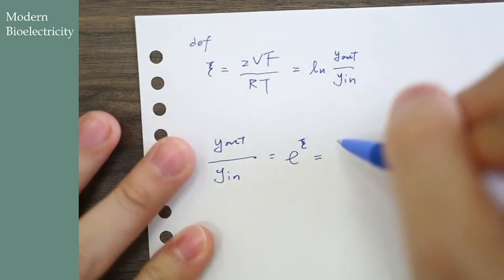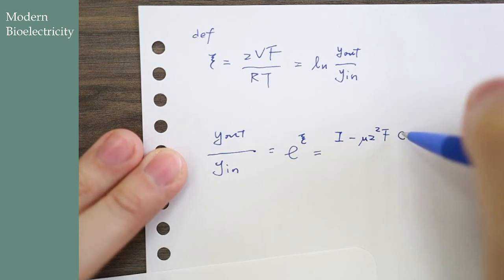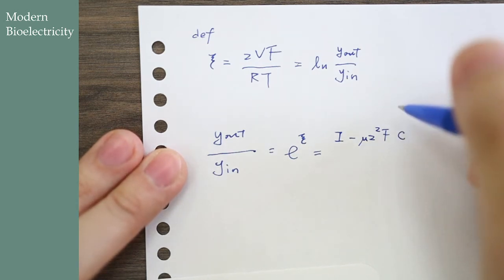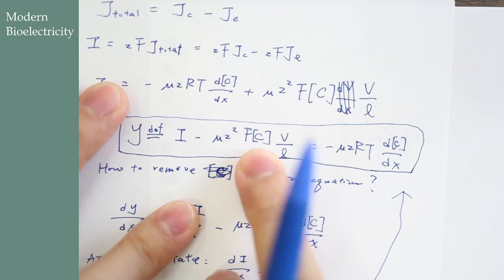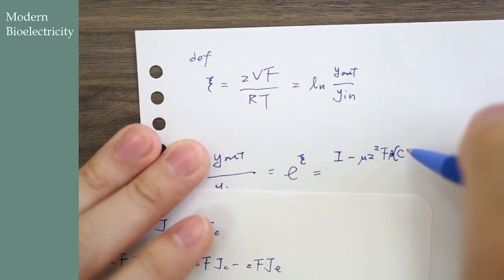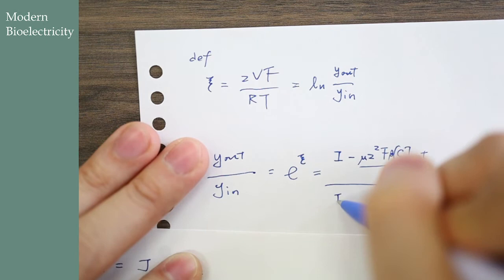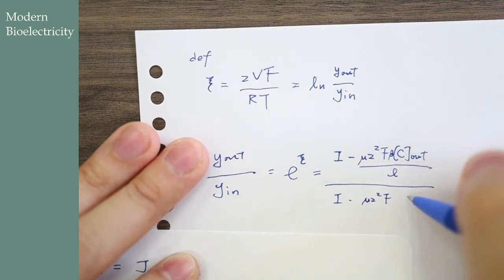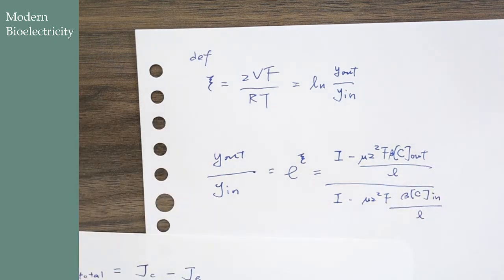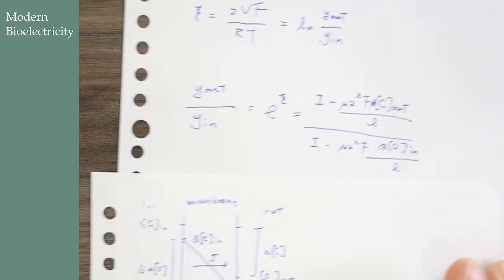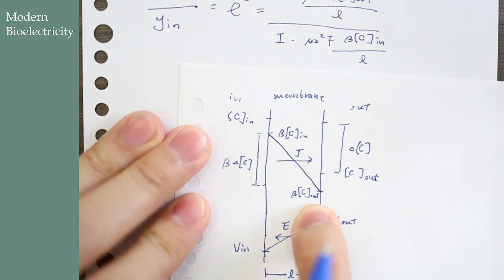So we have I minus mu Z square F beta C out divided by L, and Y in is I minus mu Z square F beta C in divided by L. So we have the Y outside of the lipid and inside the membrane.